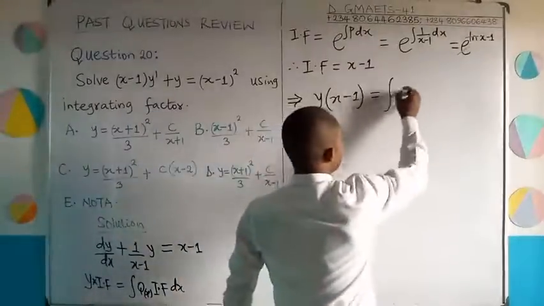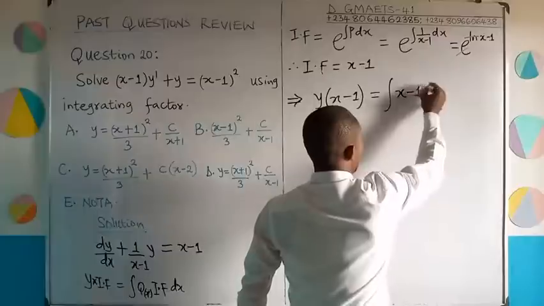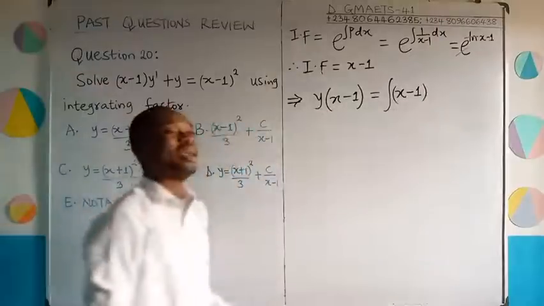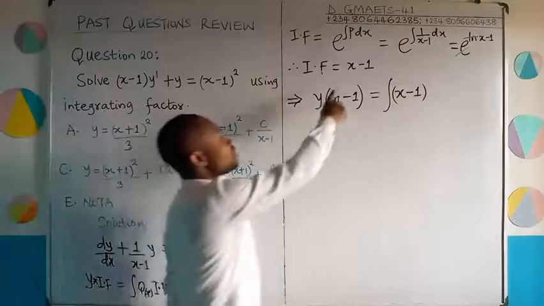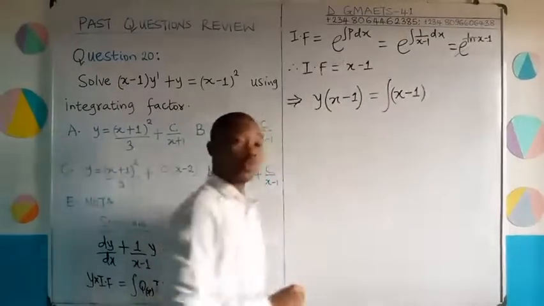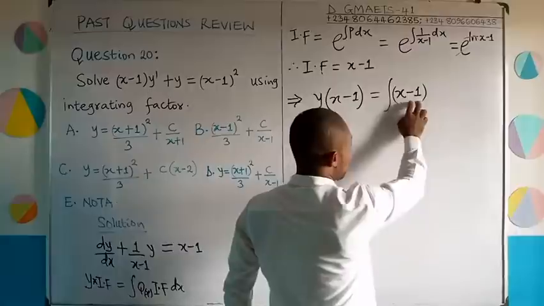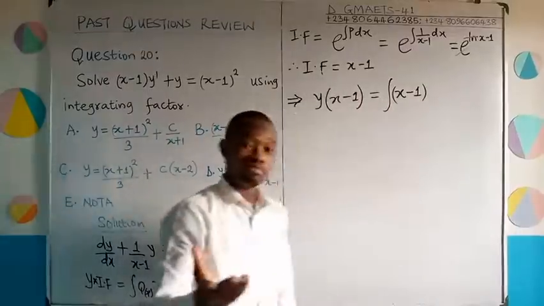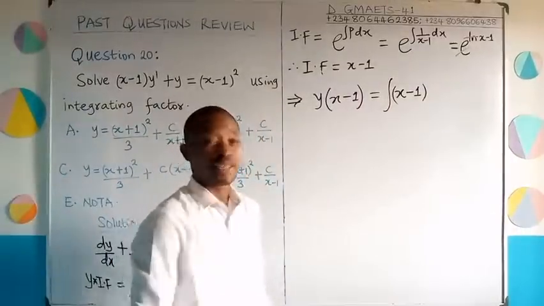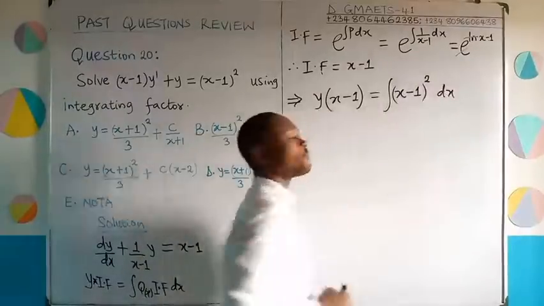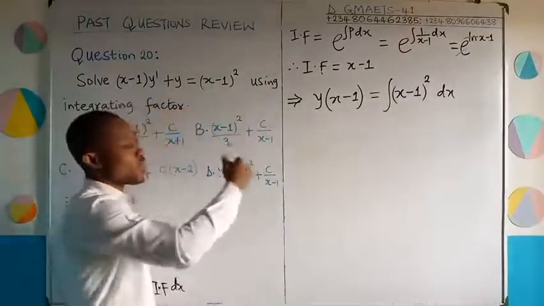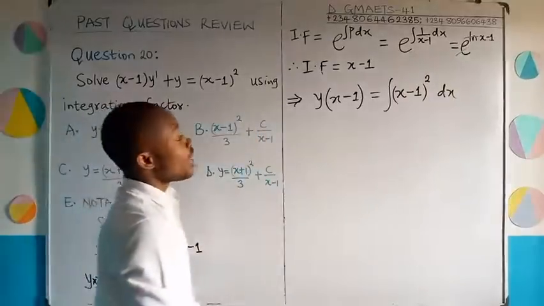We are multiplying it by the integrating factor, which is still x minus 1. So if I multiply q of x by x minus 1, it's simply going to be x minus 1 raised to the power of 2.